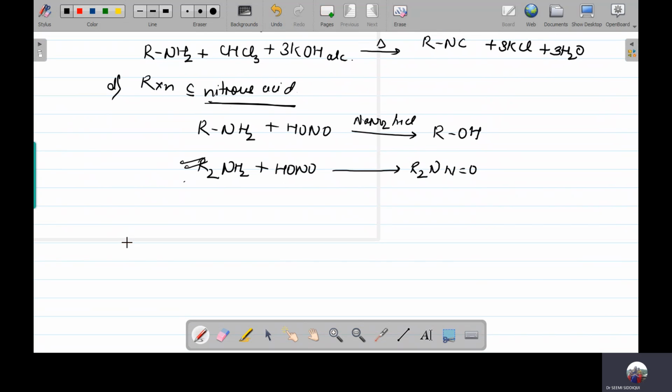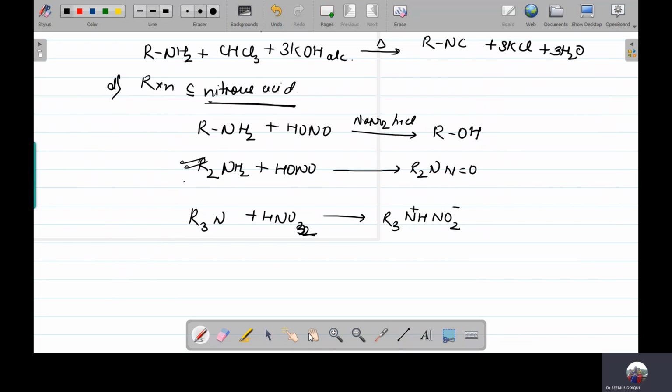Next one. Tertiary amines readily dissolve in nitrous acid, forming a crystalline trialkyl ammonium nitrate. So therefore, basically, this reaction with nitrous acid is used for distinguishing whether the given substance is a primary, secondary, or tertiary amine.